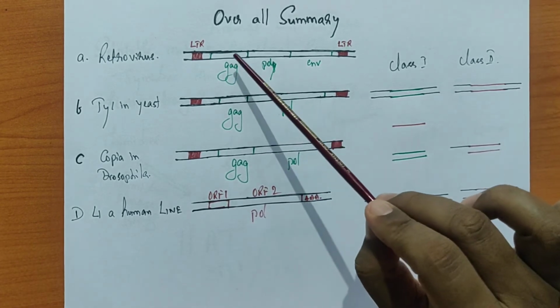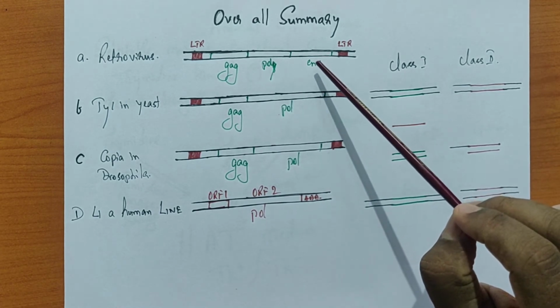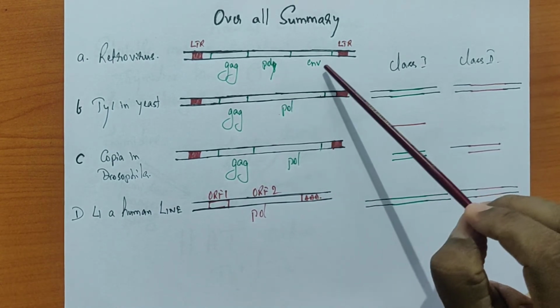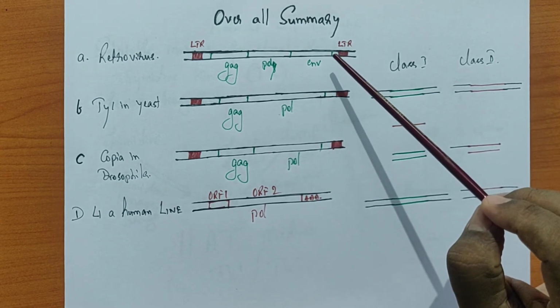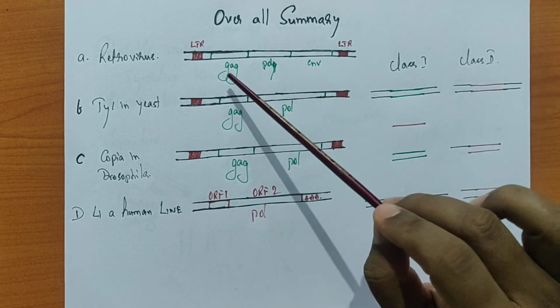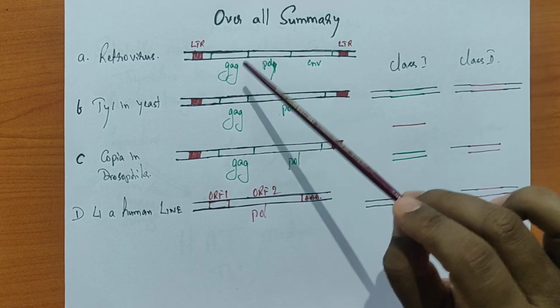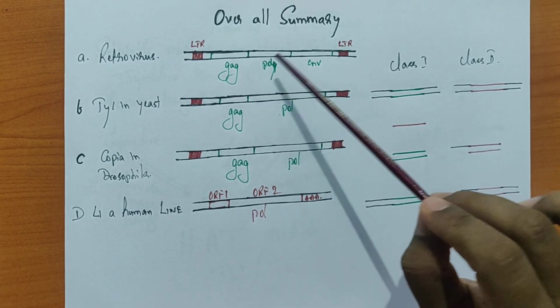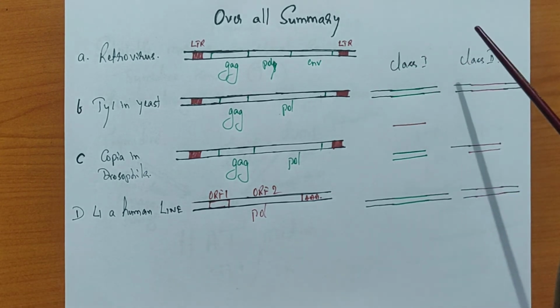Similarly, we have the gag region, the Pol region, and the envelope region. The envelope region synthesizes a lot of the envelope proteins. Once we have the envelope proteins, whatever DNA is synthesized during the replication process is going to be encapsulated, and then a viable viral particle is synthesized.